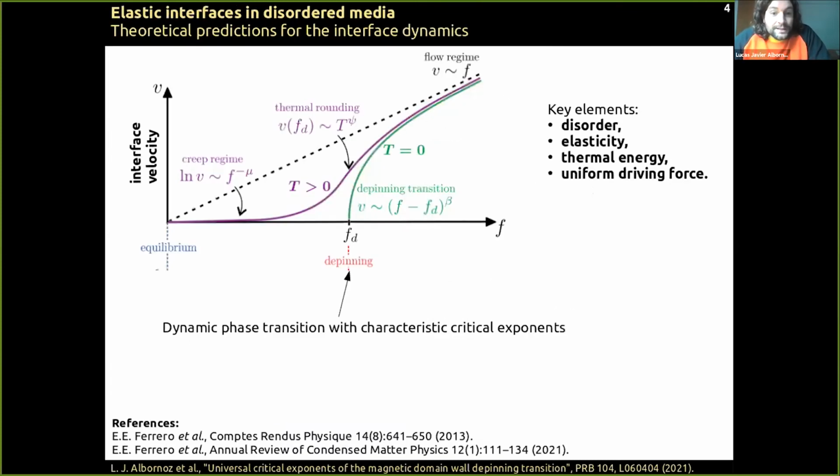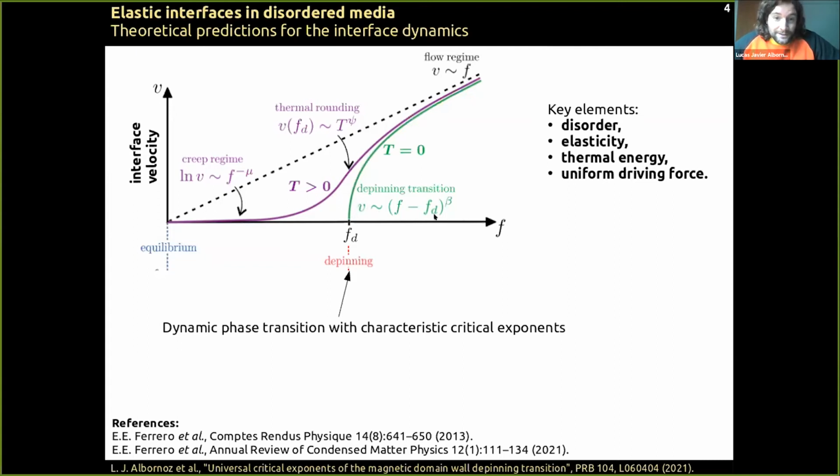If one tries to see the dynamics of one of these interfaces when subject to a uniform driving force, the velocity as a function of the force follows a behavior which is schematized here. In particular, at zero temperature, there is a range of low forces where the interface is pinned, while above a characteristic depinning force, the interface moves.